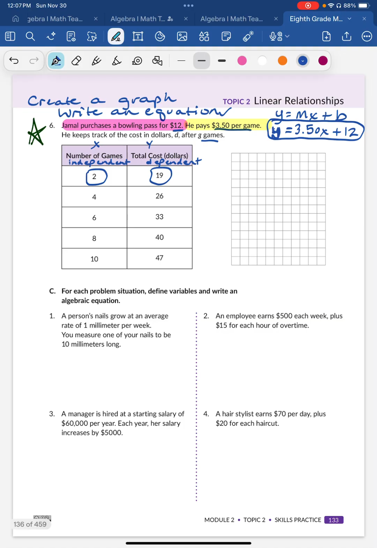Our x is going to be the number of games, and our y is going to be the total. So we're going from $19 to $47, and we're going from 2 games to 10 games.